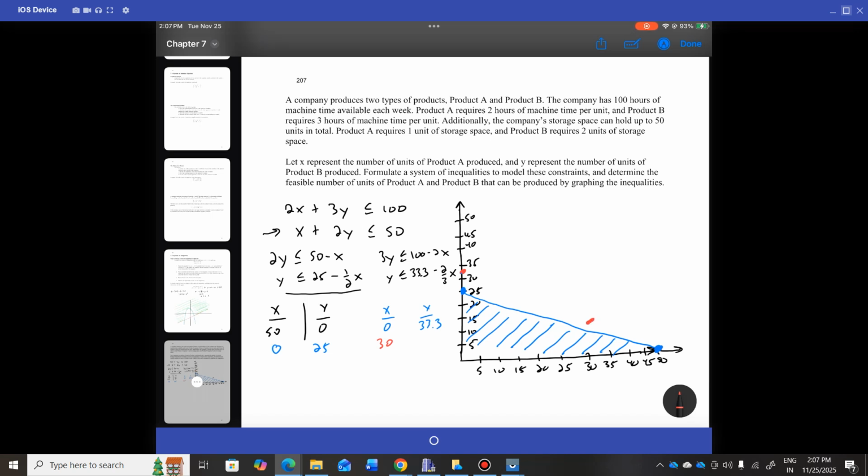It's about here. Actually, about 13.33, so that's one point. If you do 50, you actually find out that it's also 0. Right. So this line goes this way. Okay. Anything below that is also a solution, so it's going to be everything here as well, and up to that blue line.